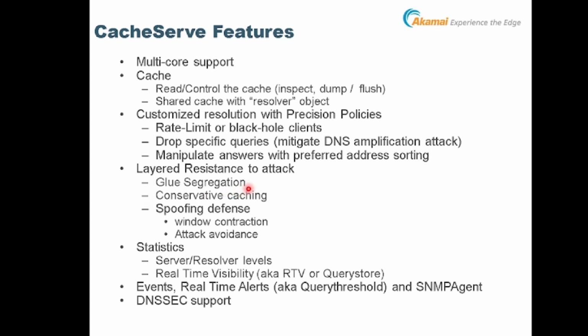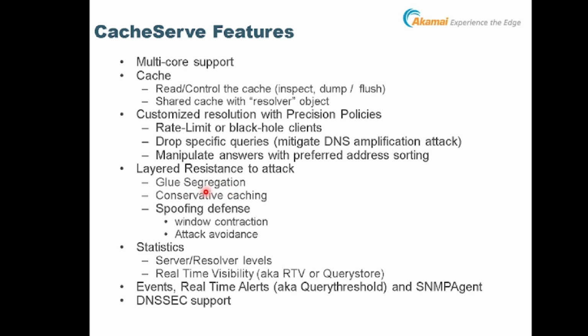I will talk about a patented structure of the cache that we call glue segregation. This is a way of separating delegation information from DNS data that is authoritative in the sense that it comes from the owner of the zone.